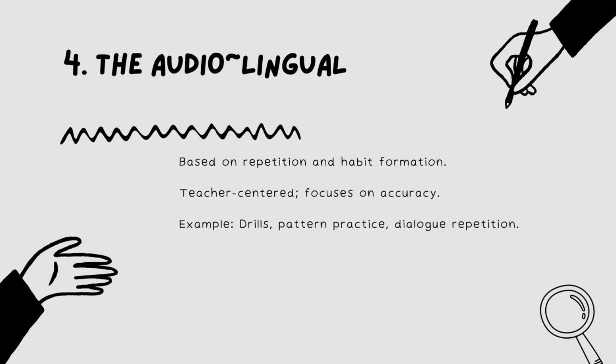Later, the teacher changes the word, "This is a pen," and students repeat again. The goal is to build automatic language habits that lead to accurate pronunciation and structure. While this method focuses more on accuracy than creativity, it helps beginners develop strong foundational skills in listening and speaking.